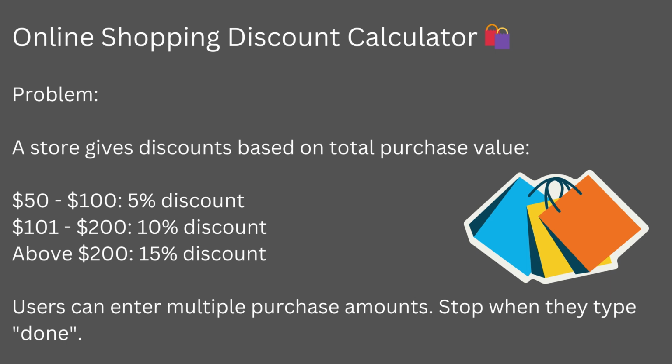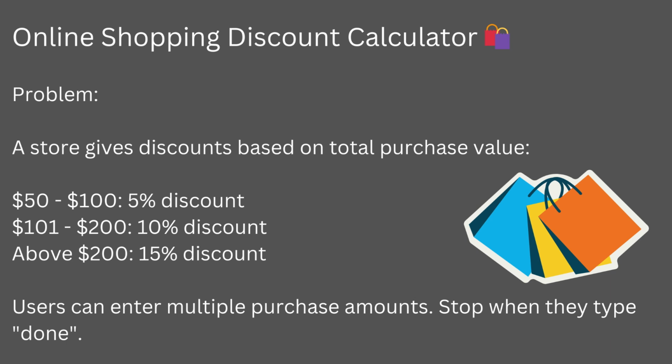So the user adds a couple of items in their cart, and once they are done shopping, they simply type done. Now, based on the items that they have added to the cart, we calculate the total purchase amount, or the total purchase value. And then based on their total purchase value, we apply these discounts.